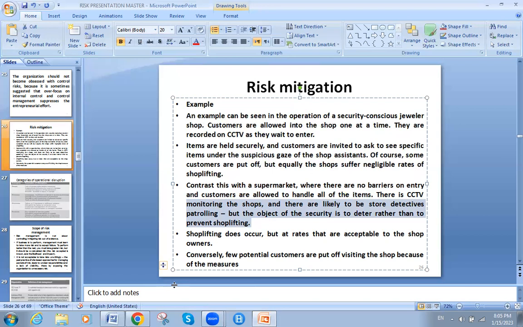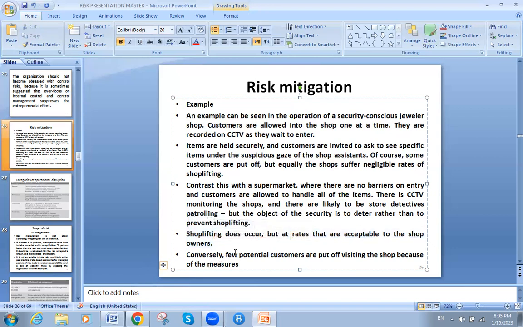This is a job more to detect than to prevent. Shoplifting does occur, but at rates that are acceptable to the shop owners. It will happen. Shoplifting will happen also in this shop.